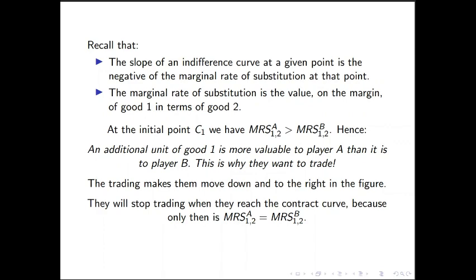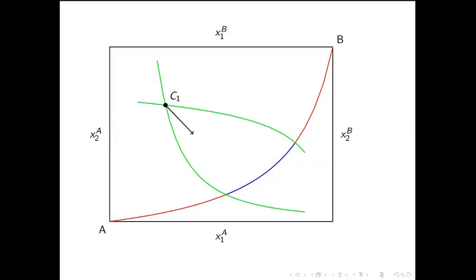So if player A values good 1 more than does player B, then of course they want to trade. And they want to trade in such a way that player A is buying good 1 in exchange for good 2. And they will only stop trading when their marginal rates of substitution are equal. And that only happens on the contract curve.